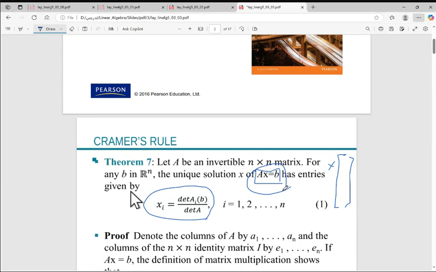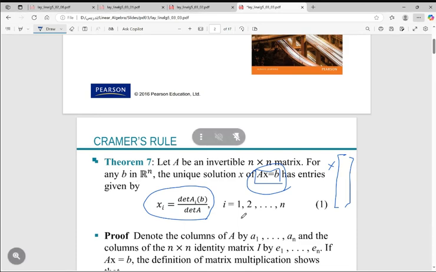But when A is invertible, more than that method based on echelon form, you have another method, which is Cramer's rule, to solve systems of linear equations. How does the Cramer rule method work? It works using equation 1.